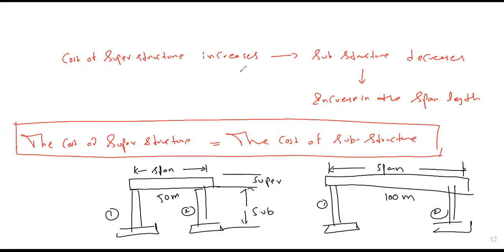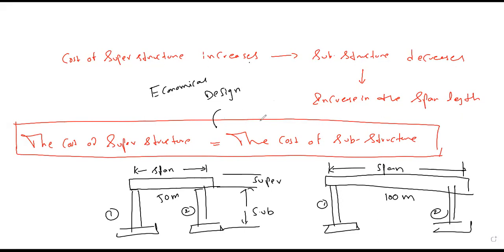That is what the statement reflects: the cost of the superstructure increases and the substructure decreases with the increase in the span length. Understand? So by considering these parameters, we are going to achieve the cost of the superstructure equal to the cost of the substructure as an economical design.